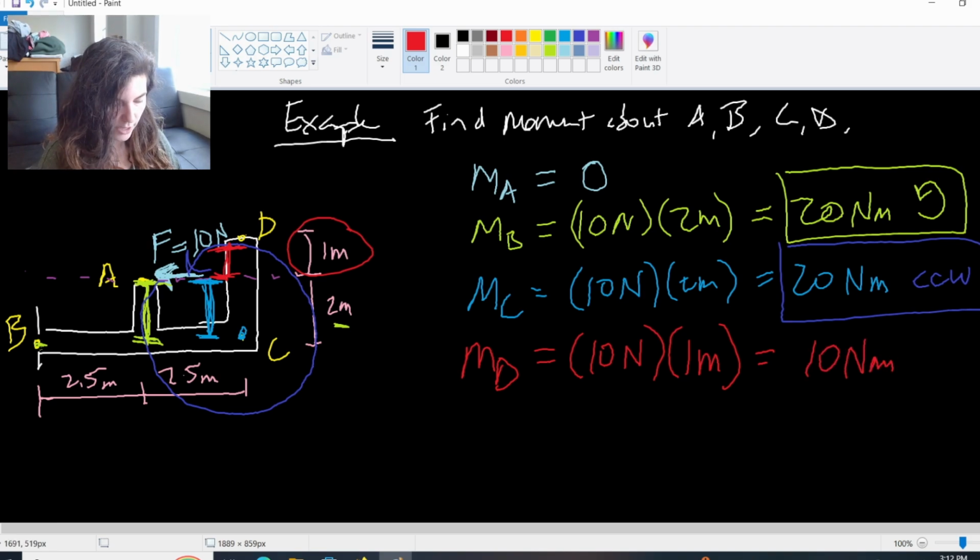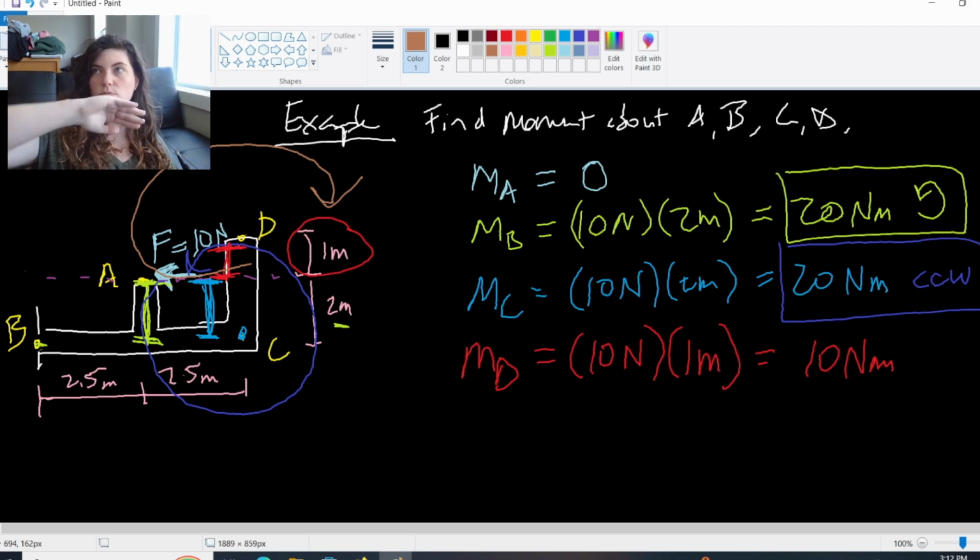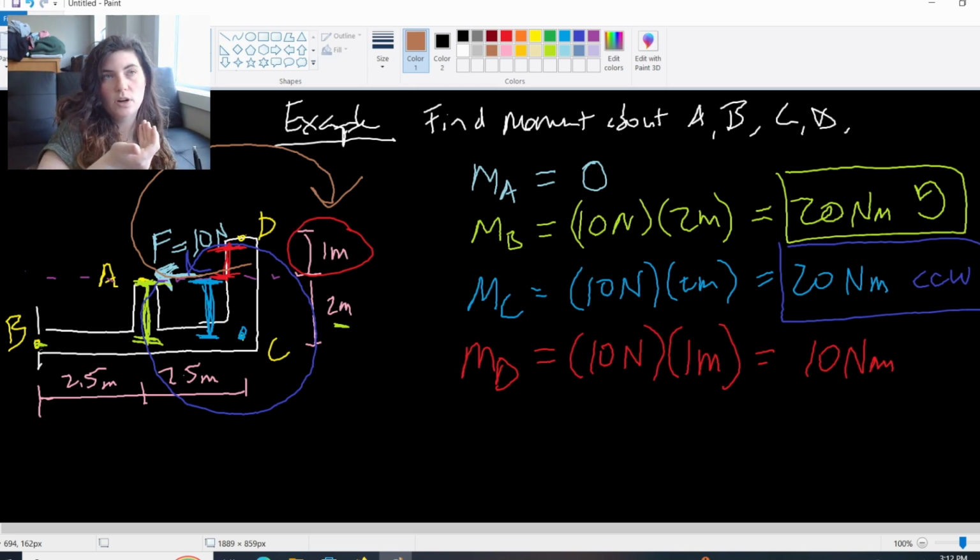And then we check the direction on that one, right? Now we see this is going actually clockwise, right? About point D, I point my fingers in the direction from the point towards the force, and then curl towards the force.